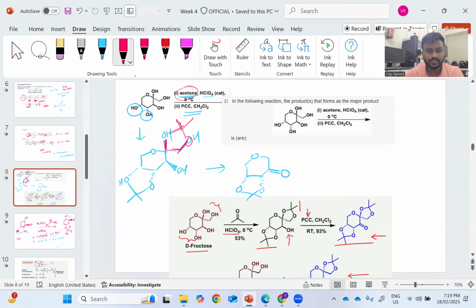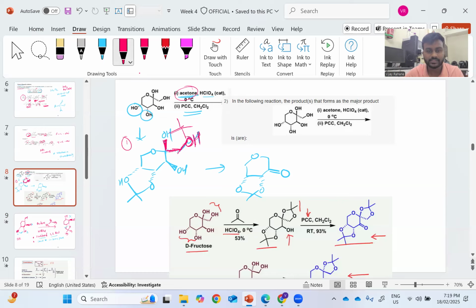They are also syn to each other, so yes, this is also 1,2, not 1,4 or 1,3. So this hydroxy group also gets protected, and the first step is this one.